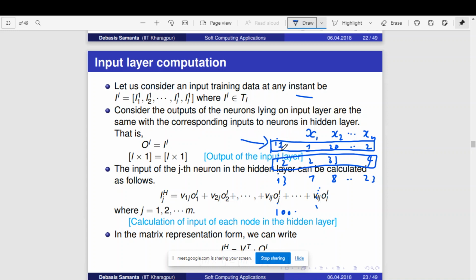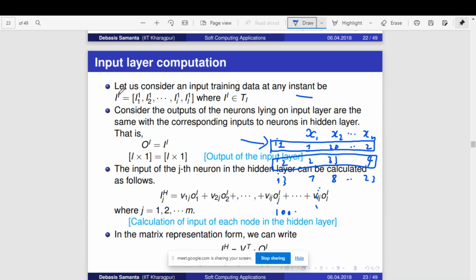So let us consider this input as I to the power i, or you can call it I to the power L, or whatever it may be. I represents input, and L is the number of neurons in the input layer.